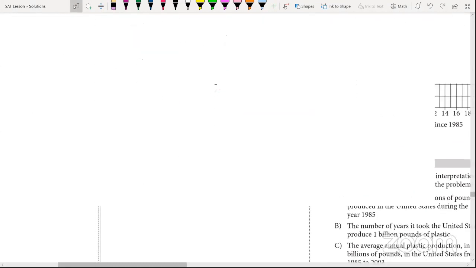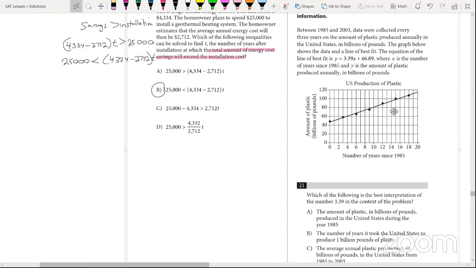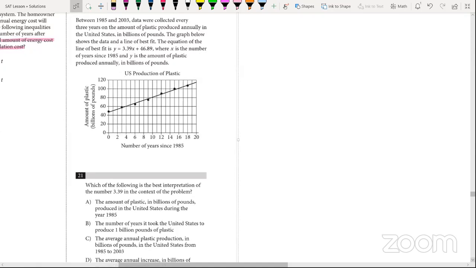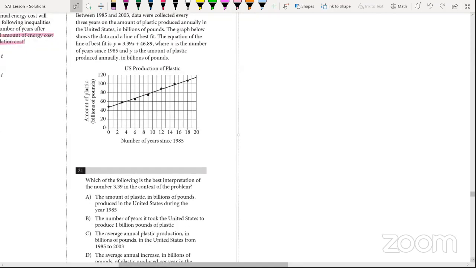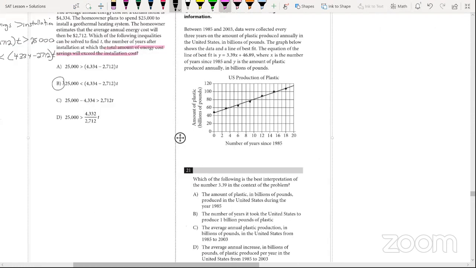Going over to question 21. 21 is giving us a little graph there, and they're asking, what's the best interpretation of the 3.39 in this problem? So they're giving us the function right here. And it's the same function we deal with a lot on the SAT.